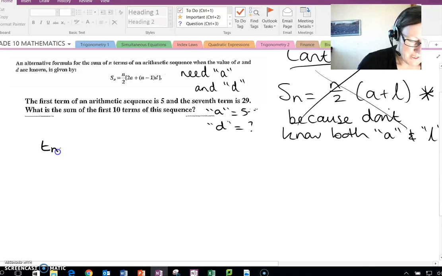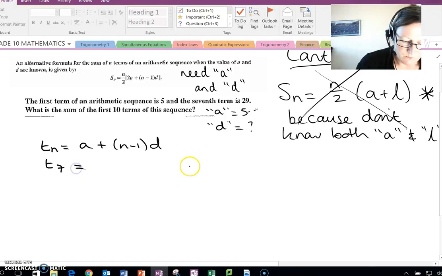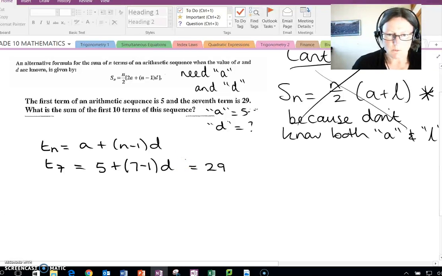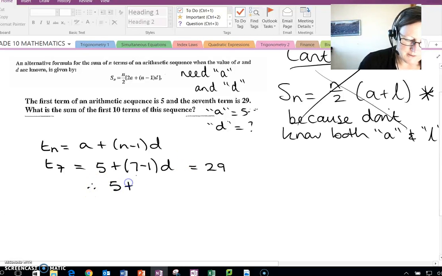So remember that Tn is equal to A plus n minus 1 D. We are told that the seventh term is equal to 29. We know that A is 5, and n minus 1 is 7 minus 1. D, we don't know D, but let's look here.